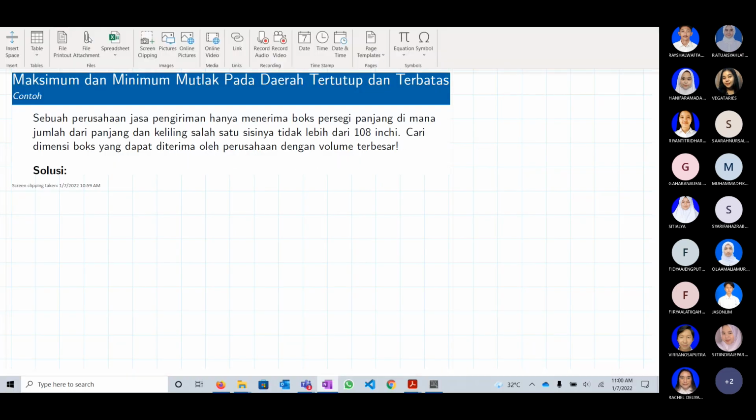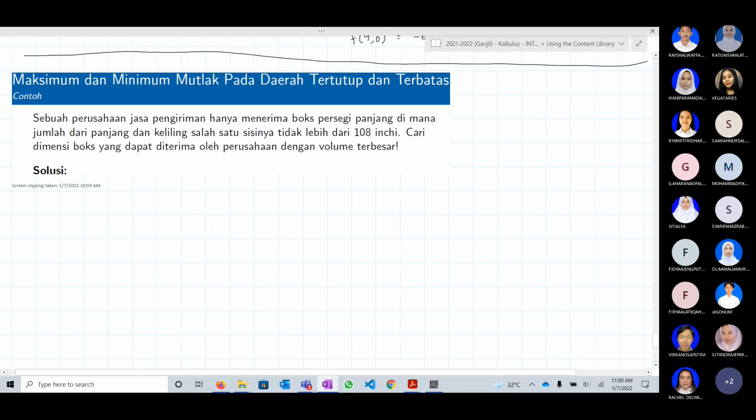In this case, first we draw the box. And this is the cut.